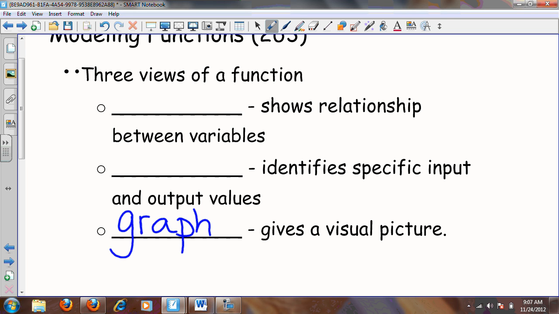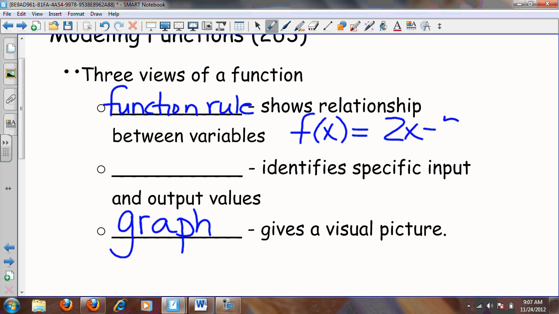The first one is a function rule. It shows the relationship between the variables. This is our f of x notation. If f of x equals 2x minus 5, that is our function rule. How can we identify the specific input and output values?